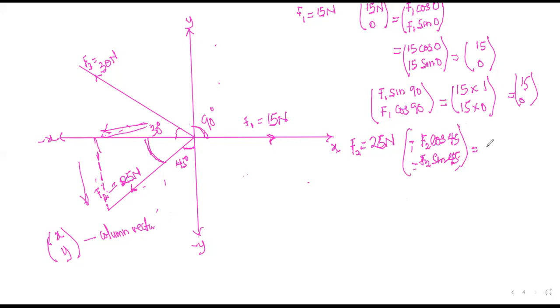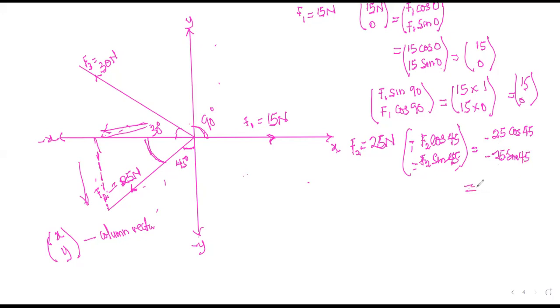Giving us, Giovanni, we should make F2 25. I made a mistake, it's okay, I misread it. So being equal to negative 25 cos of 45, and then negative 25 sine of 45.